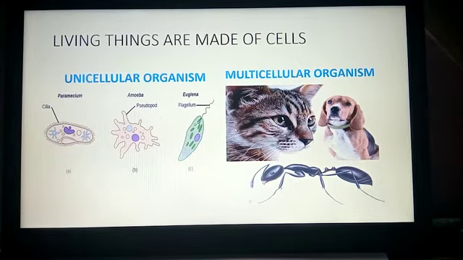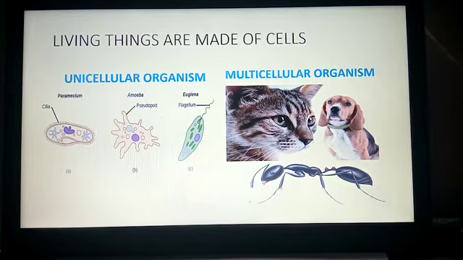Coming to multicellular organisms, the organisms which consist of many cells are called multicellular organisms. Examples: cats, dogs, ants, even human beings also come under multicellular organisms. As I told you, the cell is a basic unit of life.